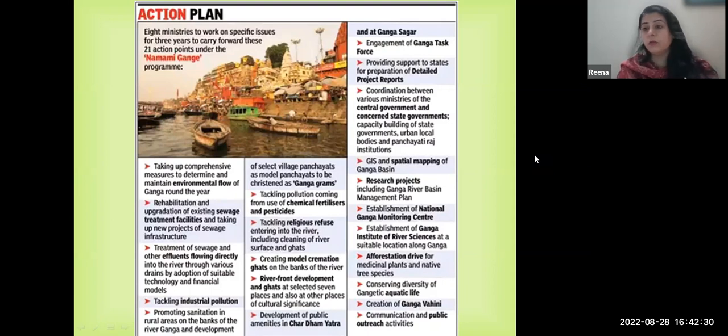So they could divert those funds to other activities which they thought were of more priority and which would be more visible to the masses. So that should not be the criteria.